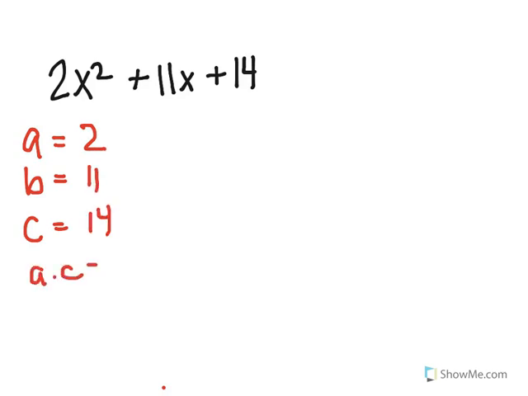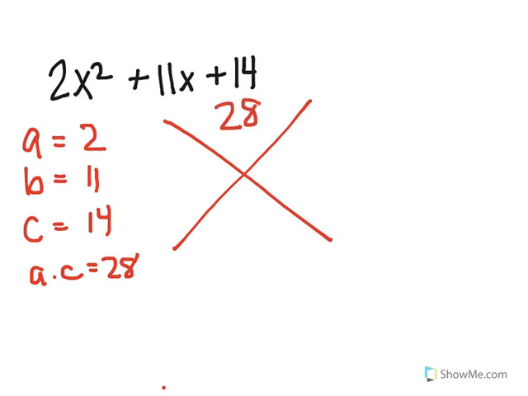A times C equals 28. A times C goes up here. B goes here. Two numbers that when I multiply them give me 28, but add up to 11, that's 7 and 4.